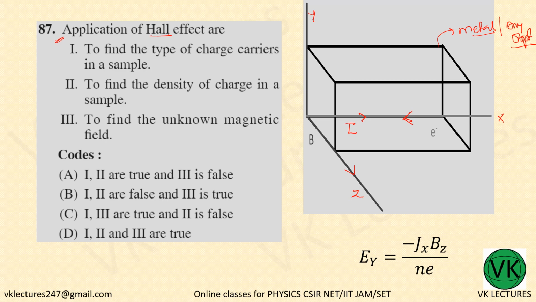Now according to your left hand thumb rule, these electrons will be deflected downwards due to the force F equals Q into V cross B. Since V is along the x-axis and B is along the z-axis, your force is along the y-axis.